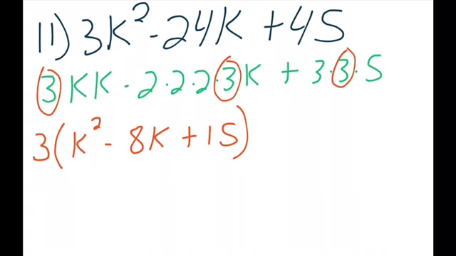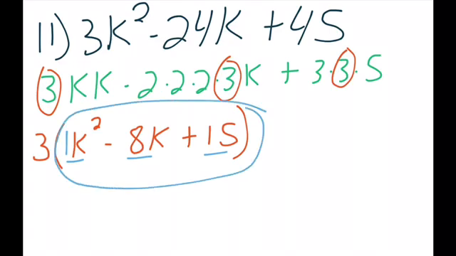But I'm actually not done, because then I'll notice that right here I have a leading coefficient of 1 and a trinomial. So let's see if I can use X games now to factor what's inside here. So I'm looking for two numbers that when added give me negative 8 and when multiplied give me 15.